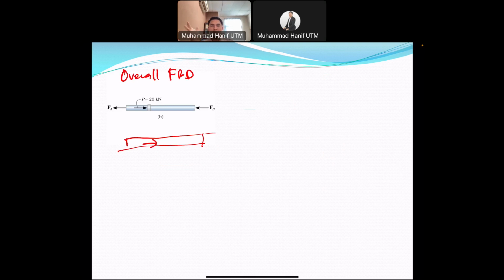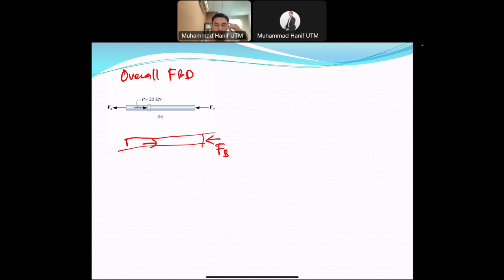But at point B, we have to understand that when the internal load is applied to the right side, it will be pushing. This one is the reaction, so B will be pushing like this. You should not memorize this; you should understand how to make the arrow.